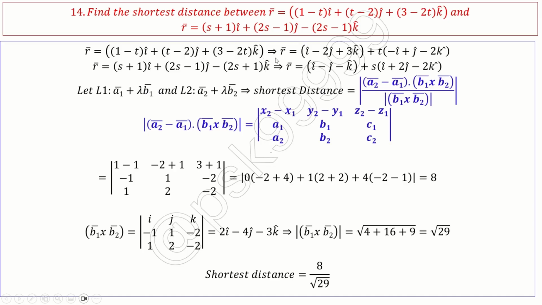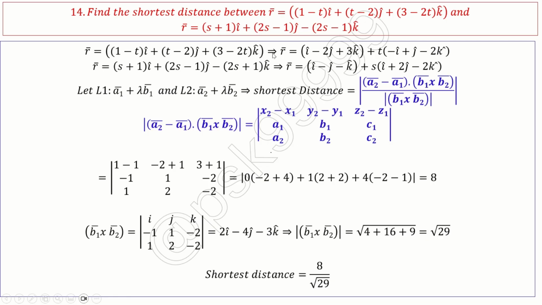See this one. This is the given vector, first one. R bar line is, so I am writing it as i minus 2j plus 3k, plus t times minus i plus j minus 2k.